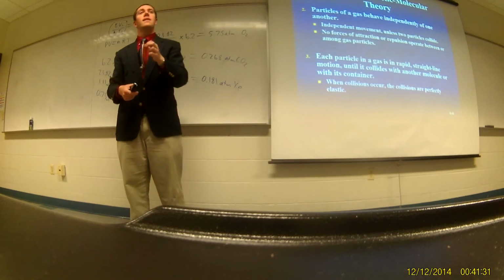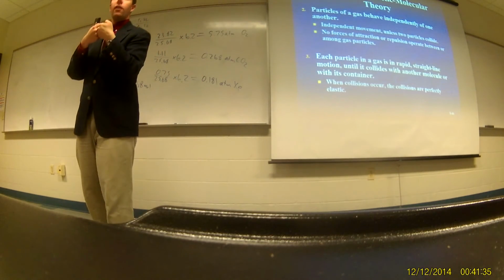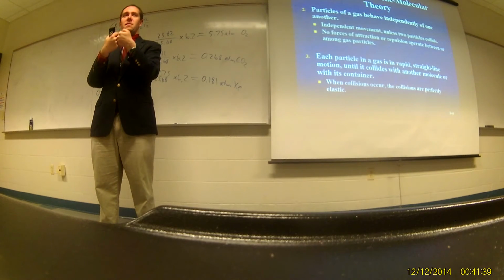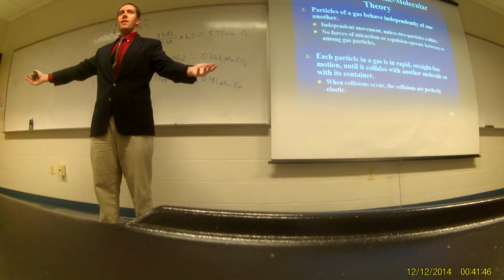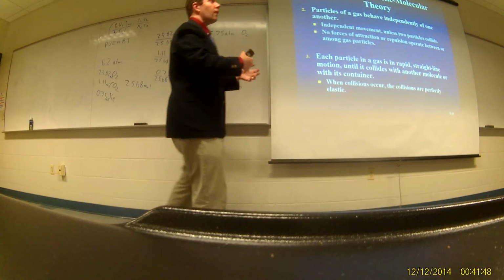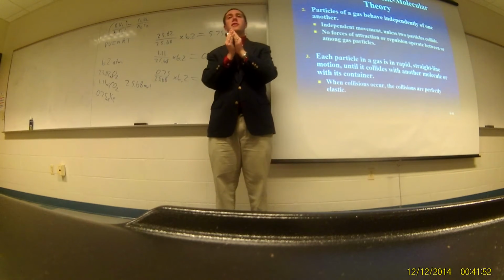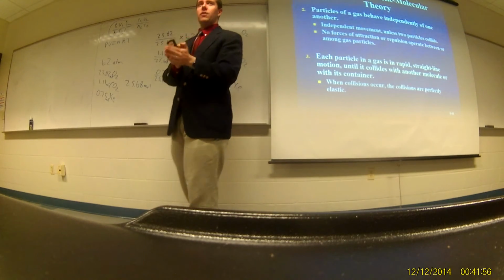Because think about it. If every time a gas molecule hit another gas molecule we lost energy, what do you think would happen to the energy in the universe? We wouldn't have any, right? Because the gas molecules are constantly bouncing around in here. For every mole of gas, there are 6.022 times 10 to the 23rd atoms or molecules.